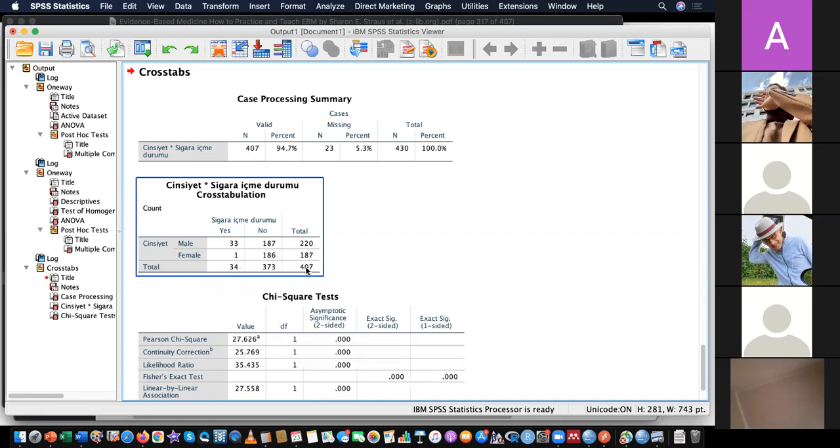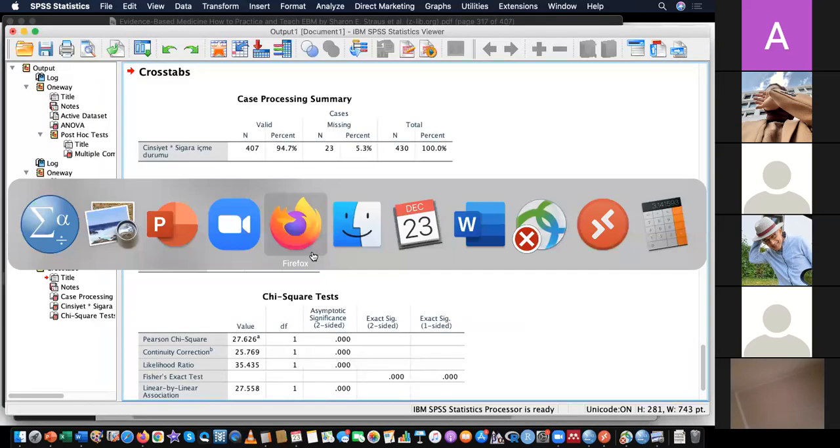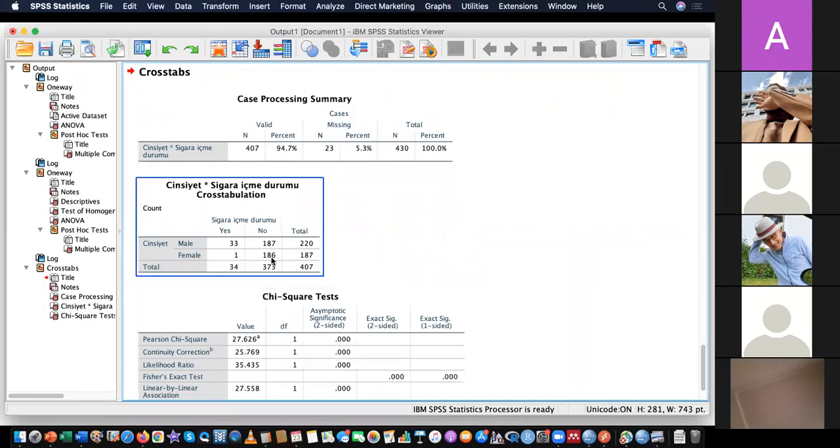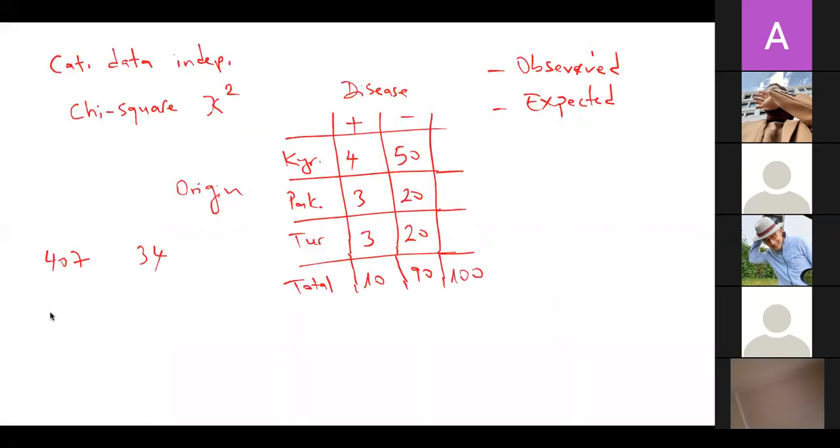If out of 407, 34 are smoking, then how many of the 220 males are smokers?